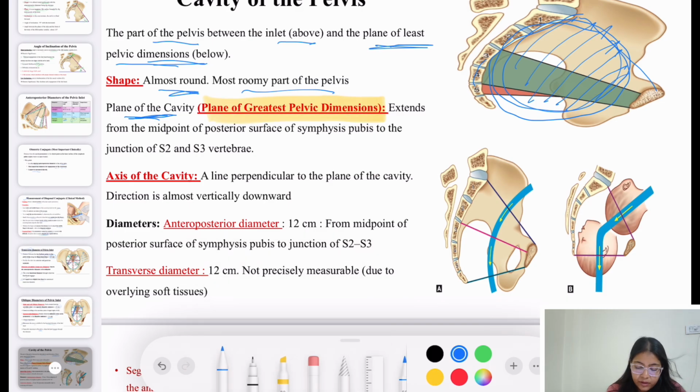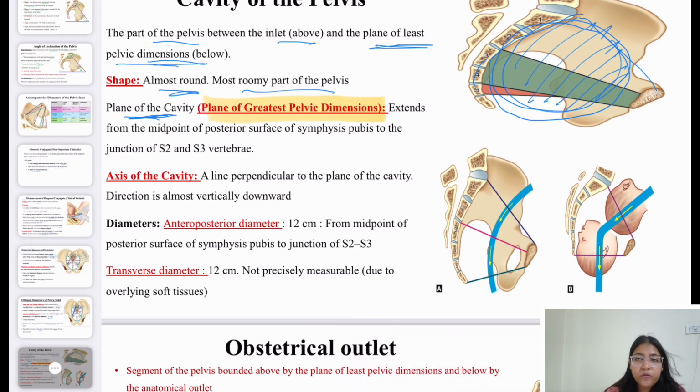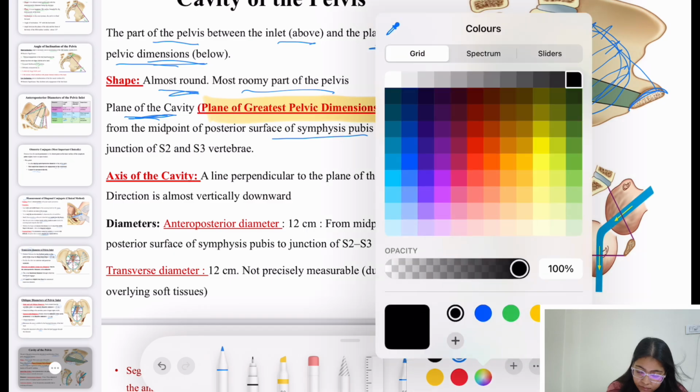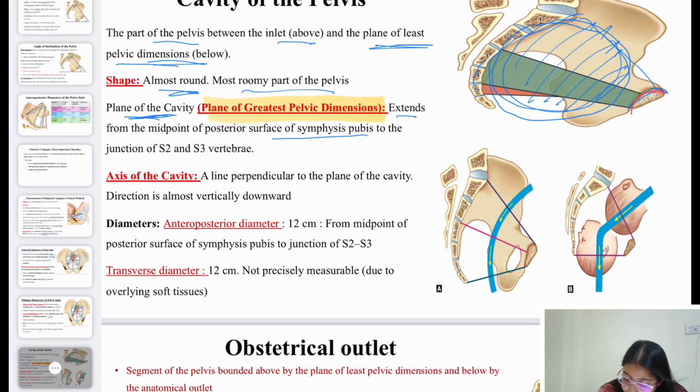Okay. Now from where to where is this? It extends from the midpoint of the posterior surface of the pubic symphysis. So this is the pubic symphysis. I will use a different color. From its midpoint you go to the junction of S2 and S3.